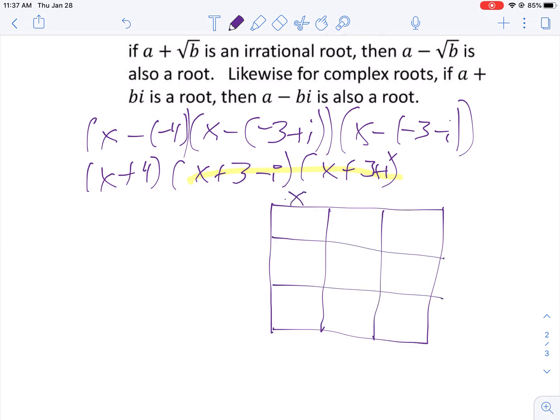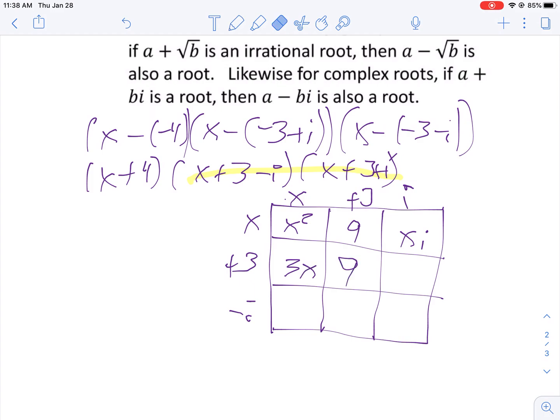So I'm going to go x plus 3 plus i, x plus 3 minus i. I'll multiply those two together. So you get x squared, and I'll take 3 times everything, so I'll get 3x. Oh, I put the 9 in the wrong spot there, didn't I?